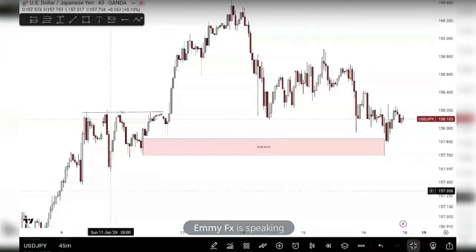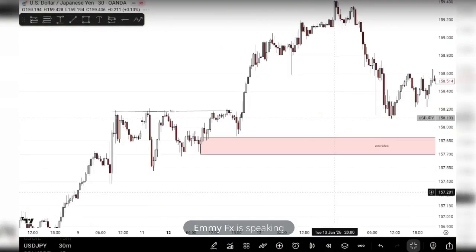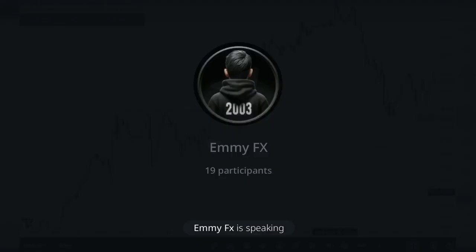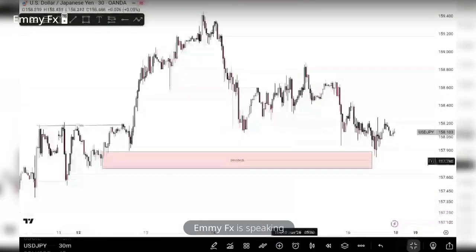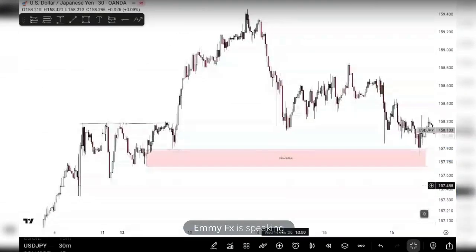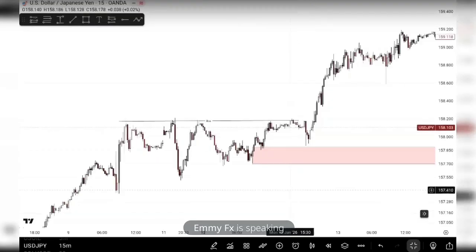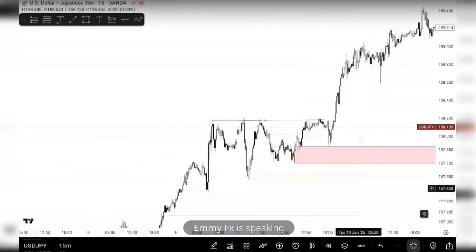Price starting from the order block that causes the break of structure to the upside. All right, let's move to our 30-minute time frame. Our 30-minute time frame also has price currently reacting from this order block at this point. And on the 15-minute time frame, price is also reacting.